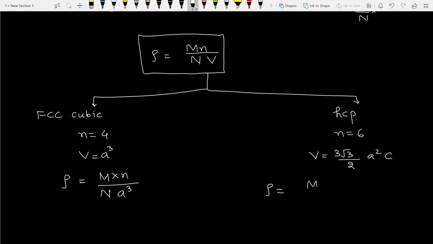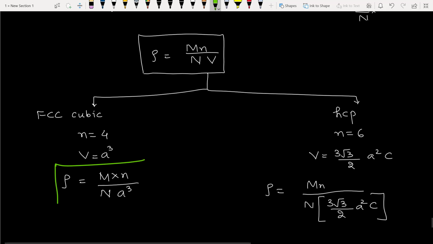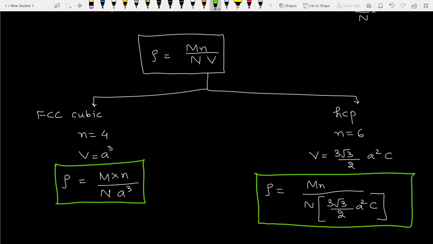Then density will be M into small n divided by capital N into volume, 3 root 3 divided by 2 a square c. So these two formulas are very important for estimation of density of the lattices in various important structures in which a material exists. Now we will solve the numericals related to these formulas.